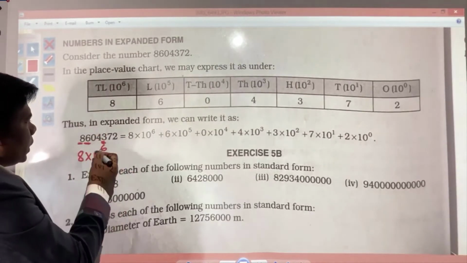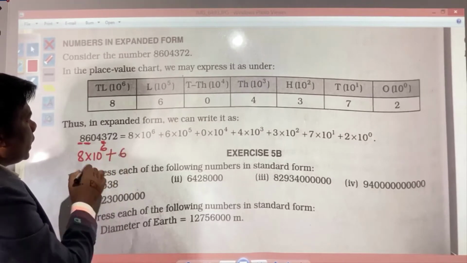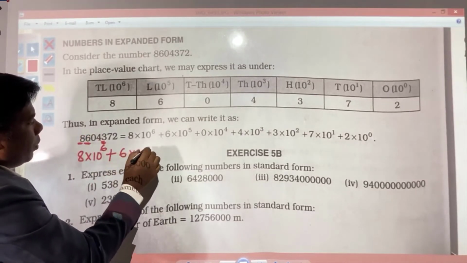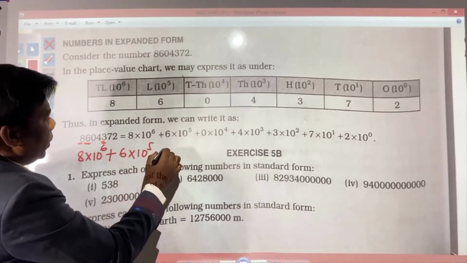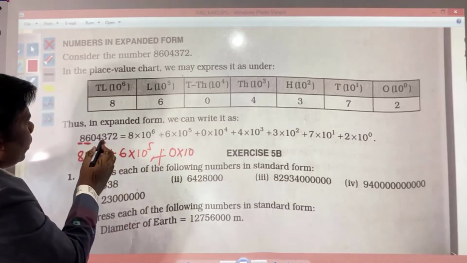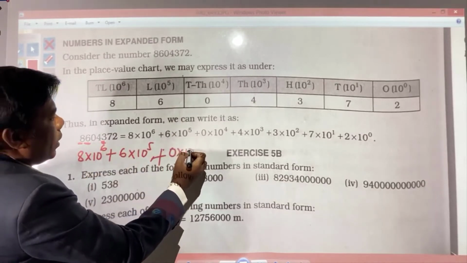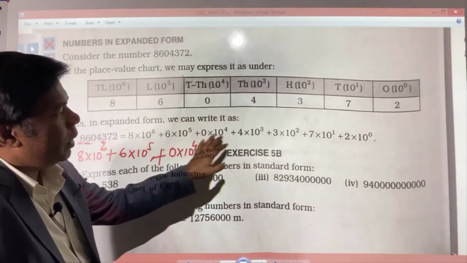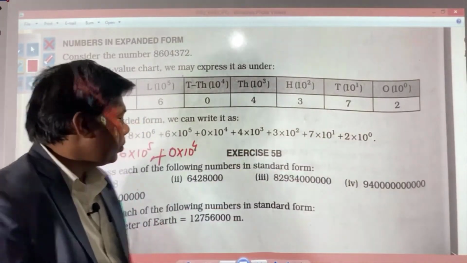Or simply you write plus 6, 1, 2, 3, 4, 5, 5 digits are there, 10 to the power 5. Then you have 0 plus 0 into 10 to the power, 1, 2, 3, 4, 4 digits are there, so 4 it will be. So in this way this has been written and you need to write it down.